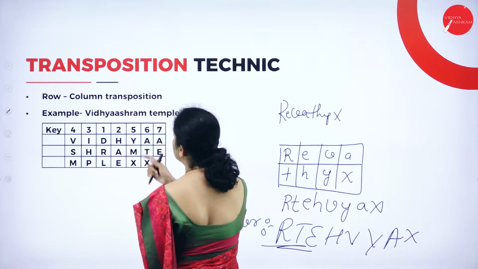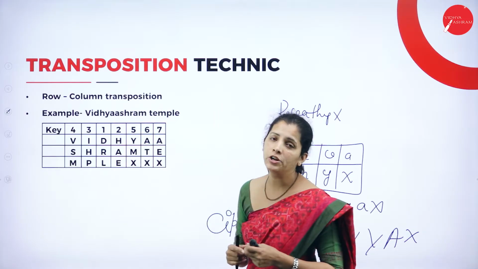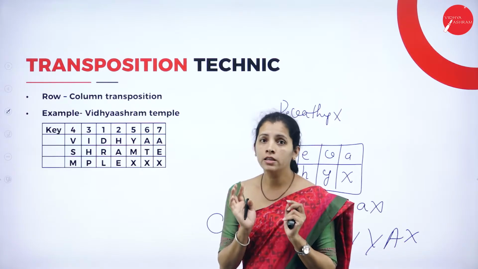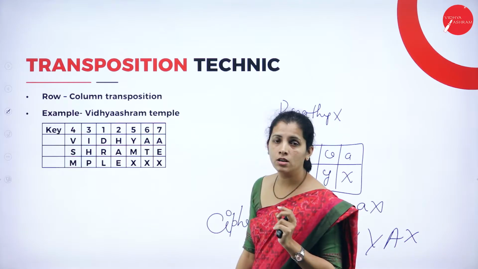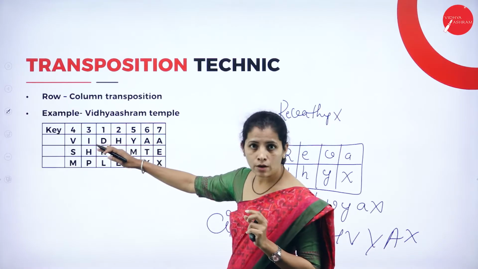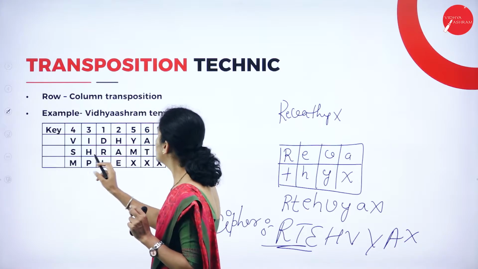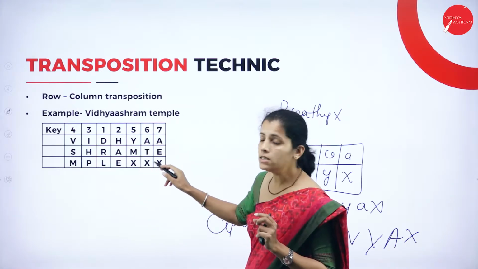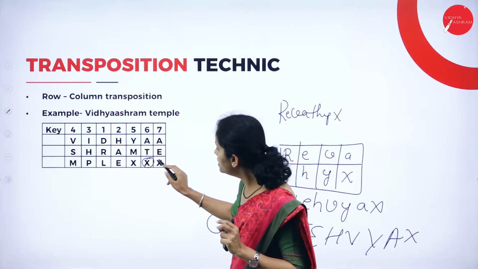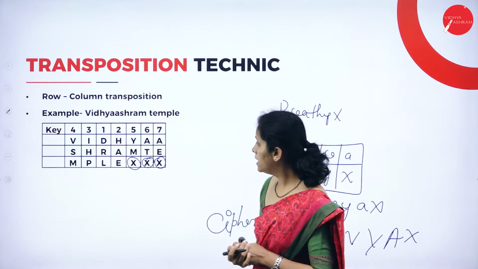Now, if I consider this example, I'm going to have Vidhyaashram temple, and they have mentioned that I want to use 7 columns and 3 rows. So what I did, I created 7 columns as well as 3 rows, and I started with Vidhyaashram temple. After that there are 3 more fields empty. So I'm going to fill these fields with the dummy letter or bogus letter.